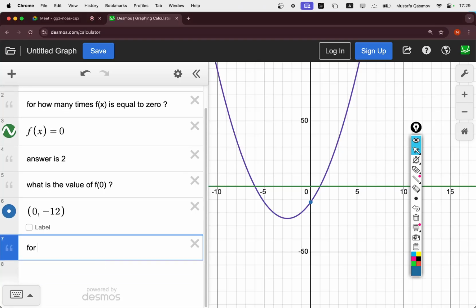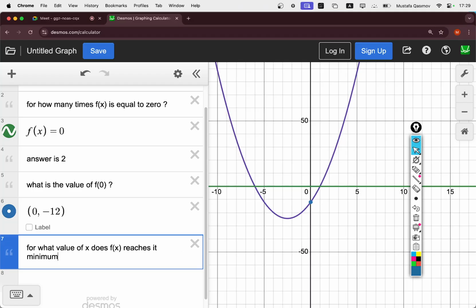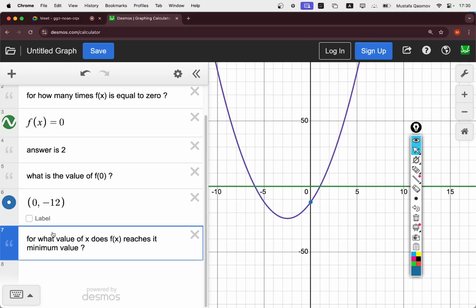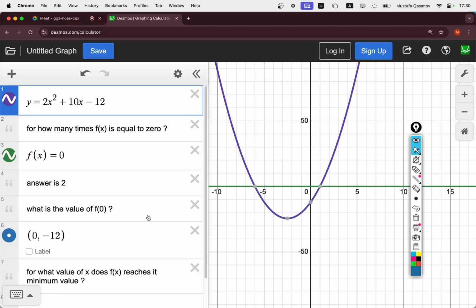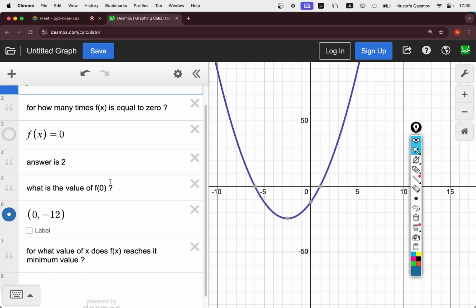If I am asking like that, for what value of x does f of x reach its minimum value? For what value of x does f of x reach its minimum value?